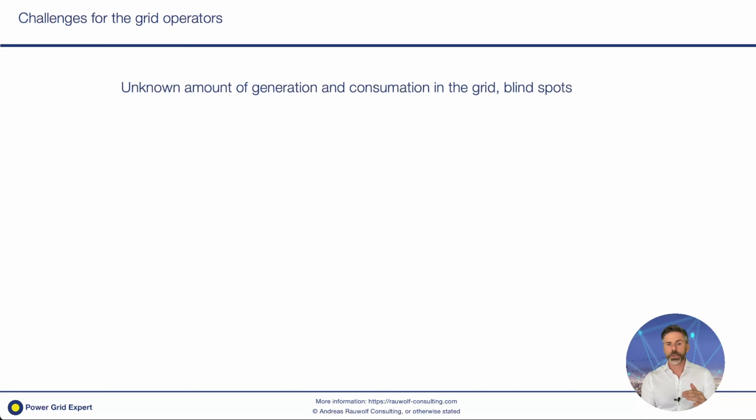The DER might feed a customer, and you're not seeing it, because you don't have any measurement points in between. Specifically, we're talking here about the substations, where in the classic network there is no measurement and no information. That is actually a blind spot in lots of networks.